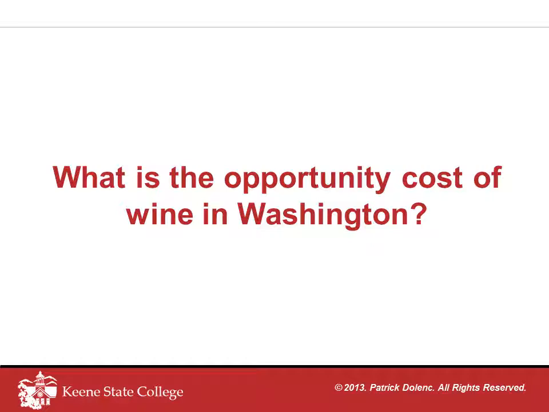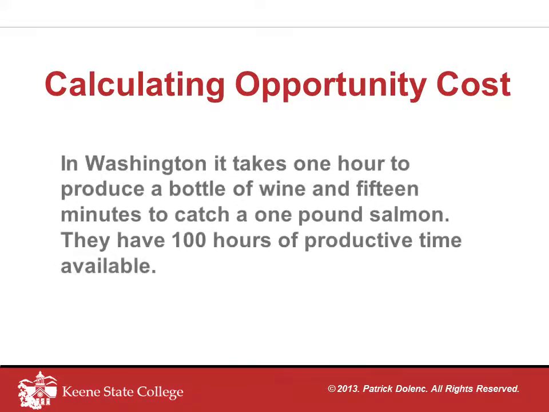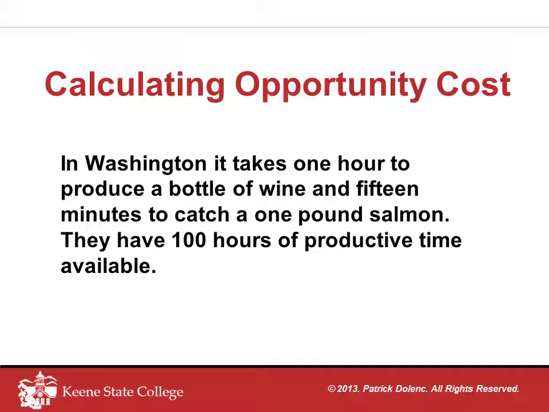To make this calculation, we need to revisit the productivity information that we used in the last presentation. As you'll recall, in Washington it takes 1 hour to produce a bottle of wine and 15 minutes to catch a 1-pound salmon.